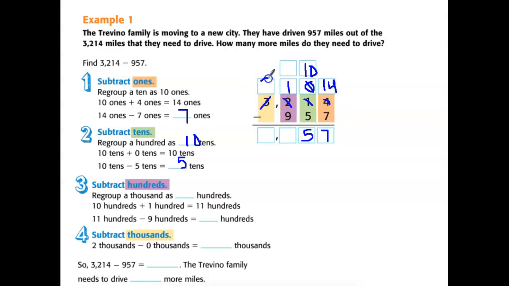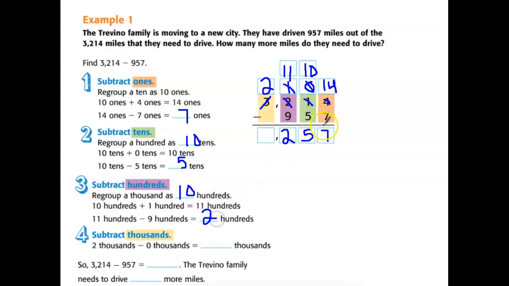I'm going to regroup 1,000 as 10 hundreds, and put that into my hundreds column where I already have one group of hundreds. So that means I have 11 hundreds. And if I take 11 hundreds minus 9 hundreds, that means I have 2 hundreds. And again, I'll put that down here.